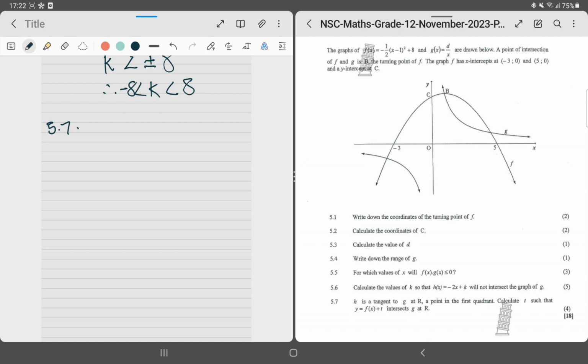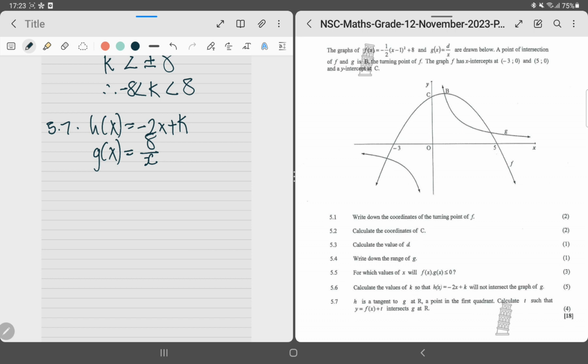Calculate t such that y is equal to h of x plus t intersects g at R. So h is a tangent to g. h of x is given by negative 2x plus k, and then g of x is 8 over x. h is a tangent to g at R. So we need to find the x value where h is a tangent to g. We need to find the x value of R.